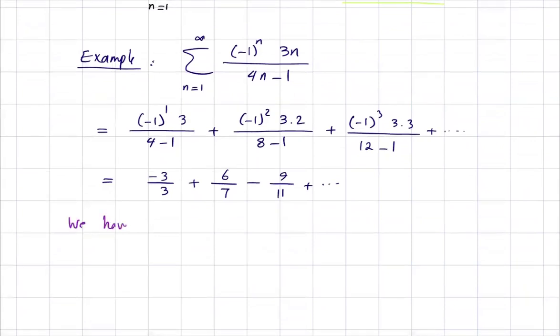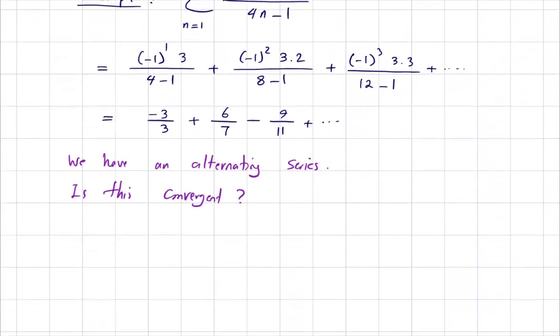We have an alternating series, no doubt there. But is this convergent? To check if it's convergent, you need to check two things.